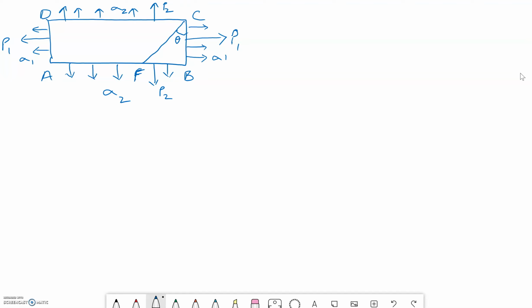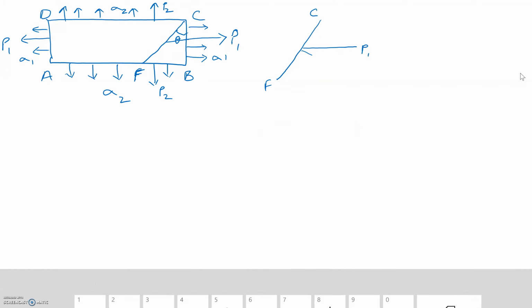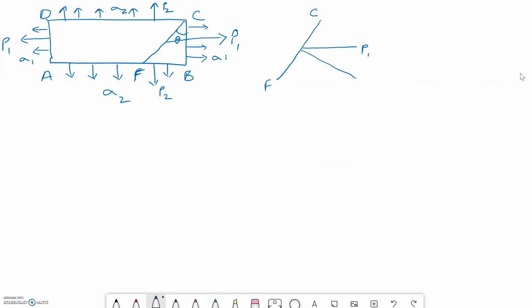First of all, the impact of P1 on plane FC and the impact of P2 on plane FC is what we look at. Now let me just draw this separately here. If I have this as plane FC and I have this as P1, with the perpendicular, P1 will have an angle of theta.